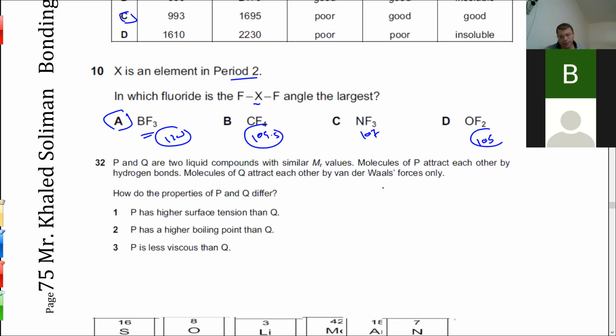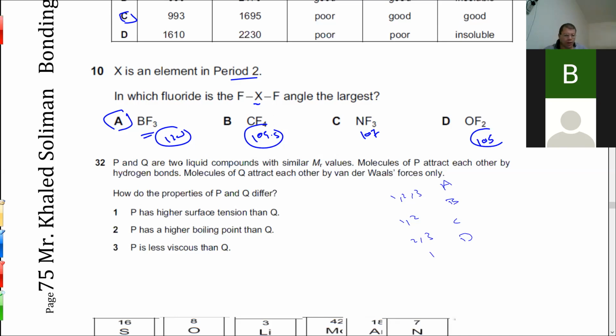If 1, 2, and 3 are right, you take A. If 1 and 2 are right, you take B. If 2 and 3 are right, you take C. If only 1 is right, you choose D. Also, this will be the last session for this part. Starting from next year, there is no part B, only part A is present.